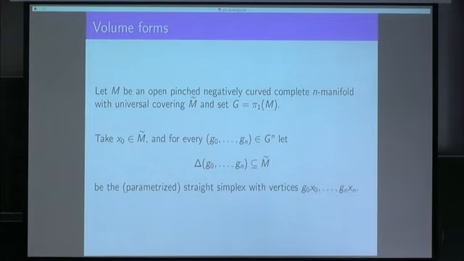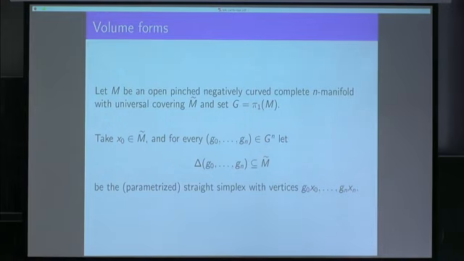Okay, so we fix a base point in the universal covering. We take the points in the orbit of this base point, defined by this m plus 1 tuple, and using non-positive curvature, which implies uniqueness of geodesics between points, we can construct what is called a straight simplex, something like a geodesic simplex with these vertices.